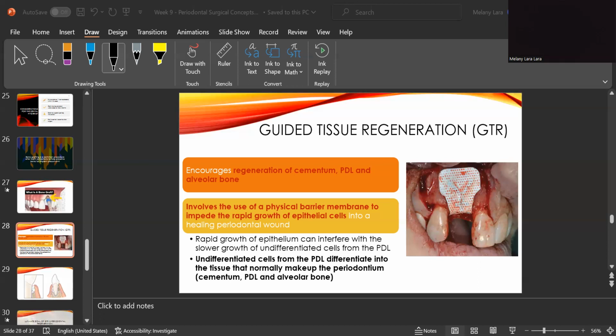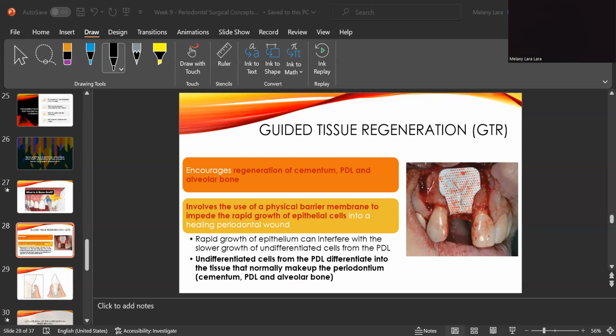Today we'll talk about guided tissue regeneration. And this here is our regenerative therapy, okay? Now, at the beginning of this lecture, I mentioned how some of the procedures kind of coincide with one another. This one's a prime example. Oftentimes when patients undergo bone grafting, they're usually also getting guided tissue regeneration.